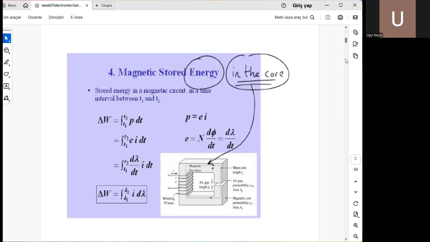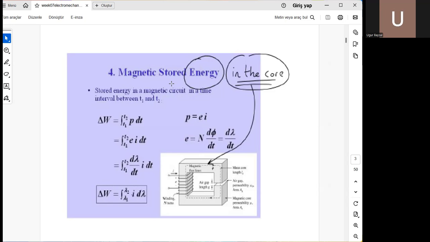Here, the air gap is shown, and the change in energy, shown as delta W, is generally, in terms of the power and time variation, the integration from time limits T1 to T2 of the total power integrated through the time domain.